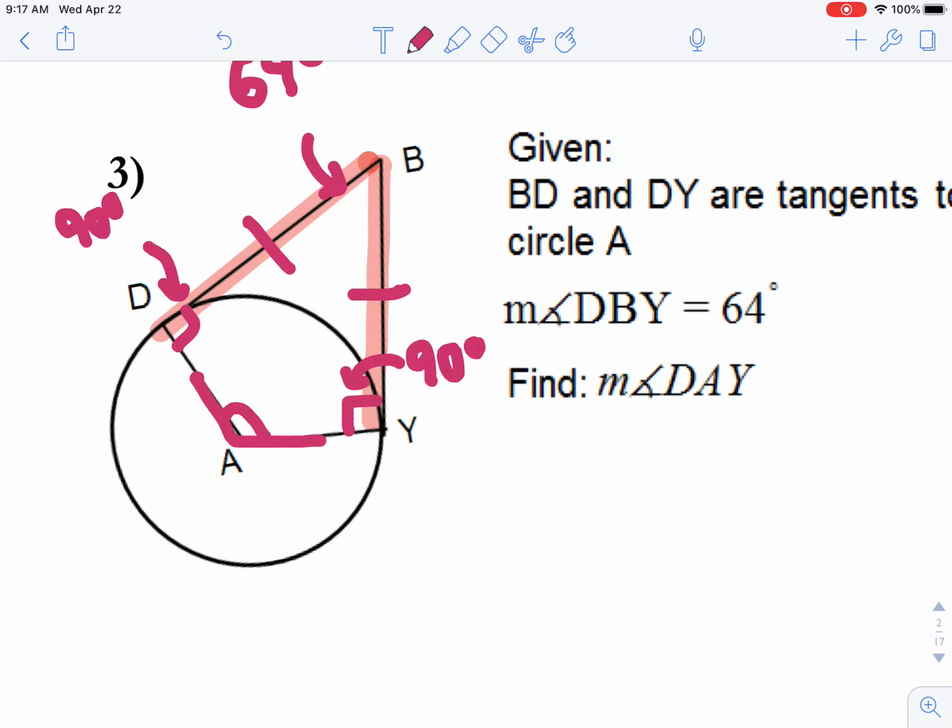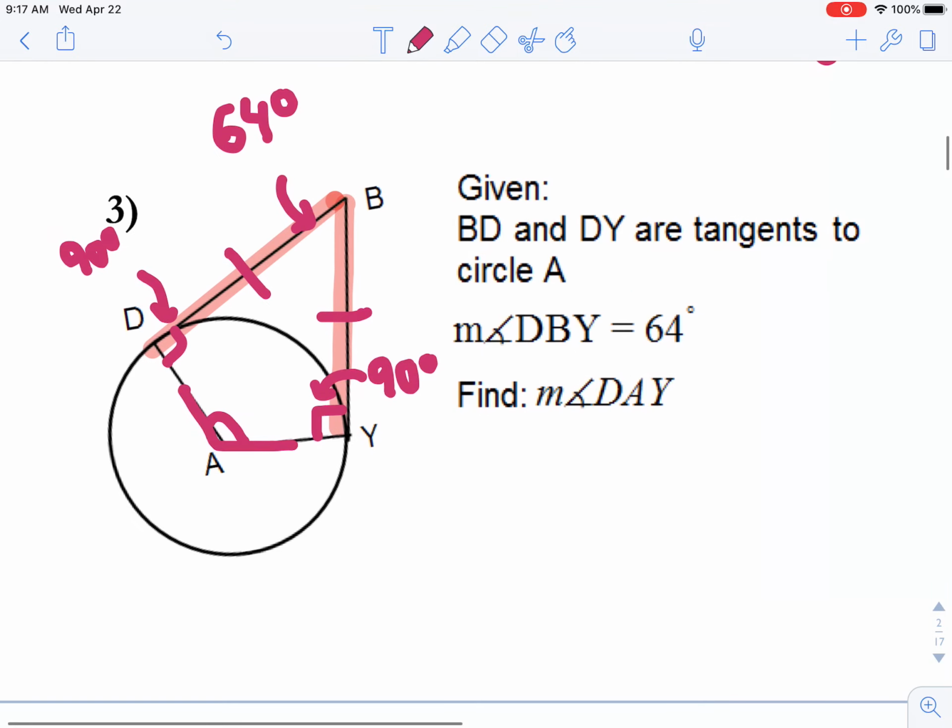Well, you can do this a couple ways. You could draw in a triangle here and make some congruent triangles, or we could think that this is a four-sided shape, parallelogram. Not necessarily a parallelogram, but a quadrilateral. And we know that quadrilaterals have 360 degrees in them.